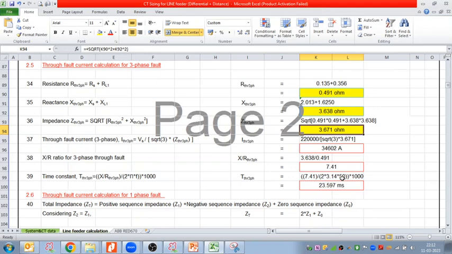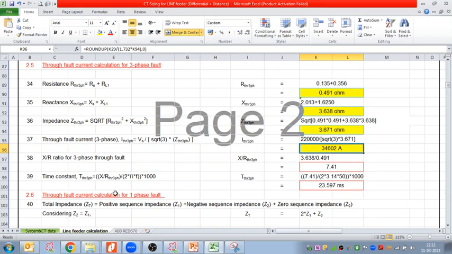Once we know the Z, we can find the I. So I equals V divided by root 3 into Z. We divide by square root 3 into Z, 3.67 ohm, which gives I3, the three phase fault current, 34.602 kiloampere, calculated here.